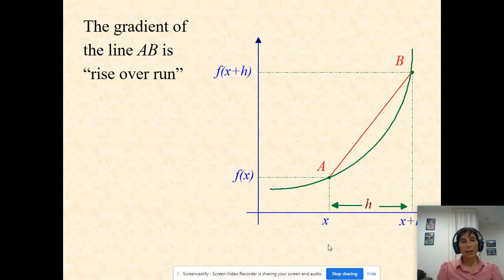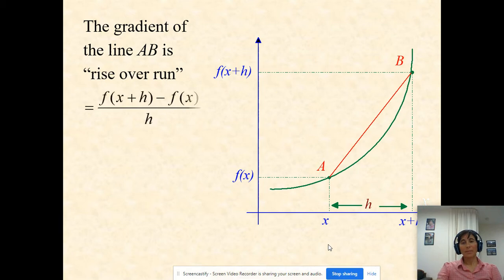The gradient of the line AB is rise over run. So the way we would write that down is f of x plus h, so the higher y value, minus f of x, so the lower y value, so the change in y, all divided by the change in x, which is our run, and in this case would just be the length h.